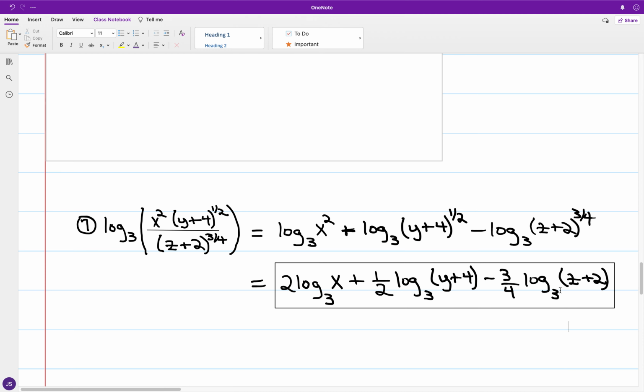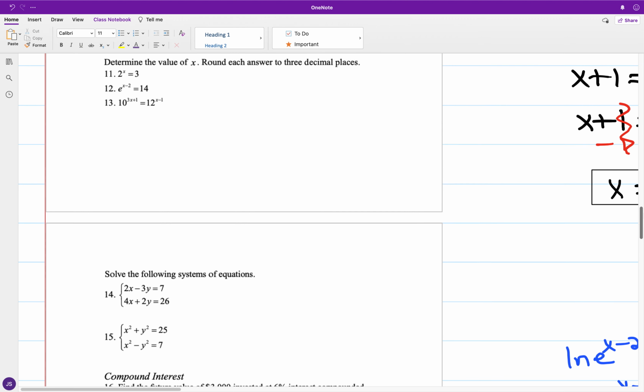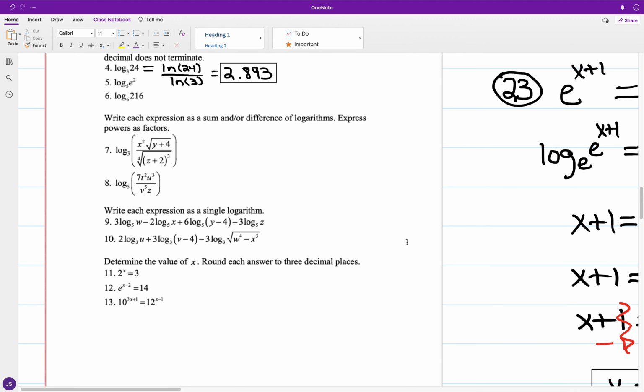All right, and we have also in the mix number 8. So we have here the base 5 logarithm of 7t squared u to the third all over v to the fifth times z.